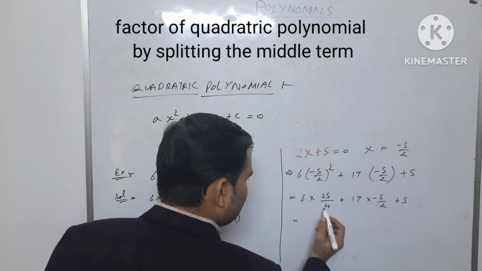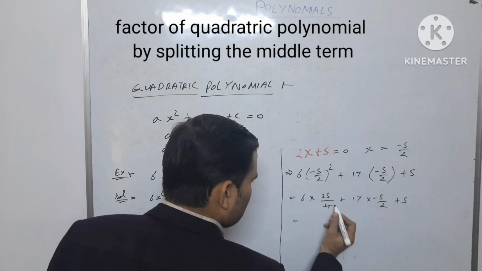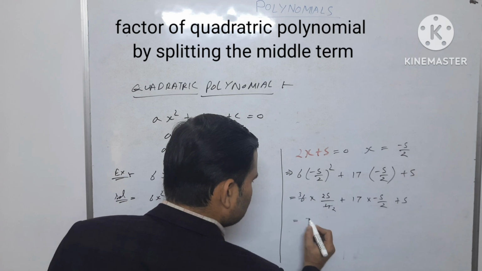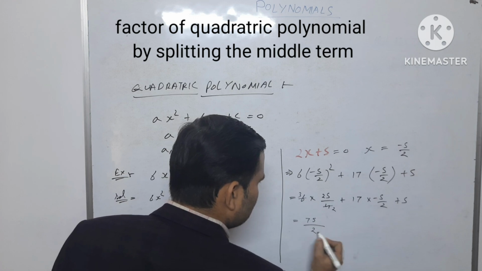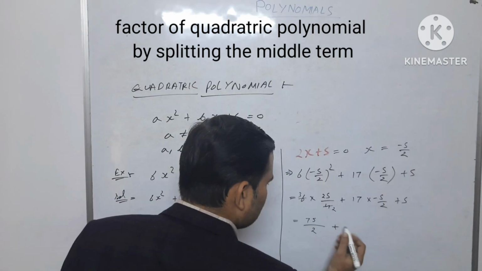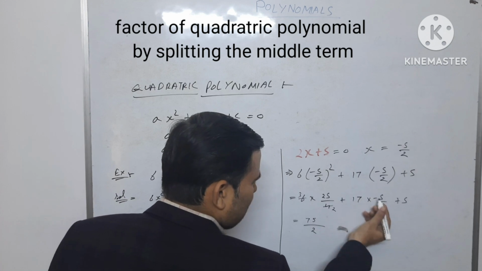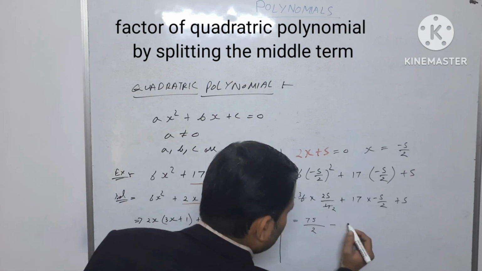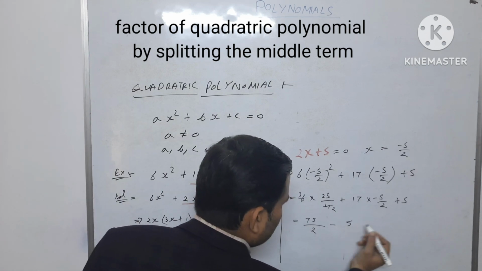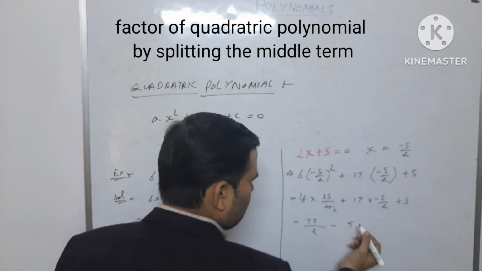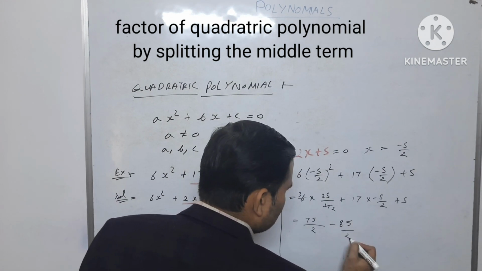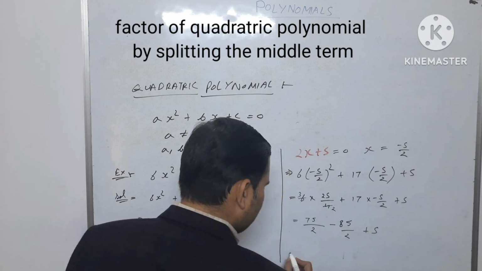Here 2 twos are 4, 2 threes are 6. So we get 75 upon 2, and because the sign here is minus, this term will be minus 85 upon 2, plus 5.